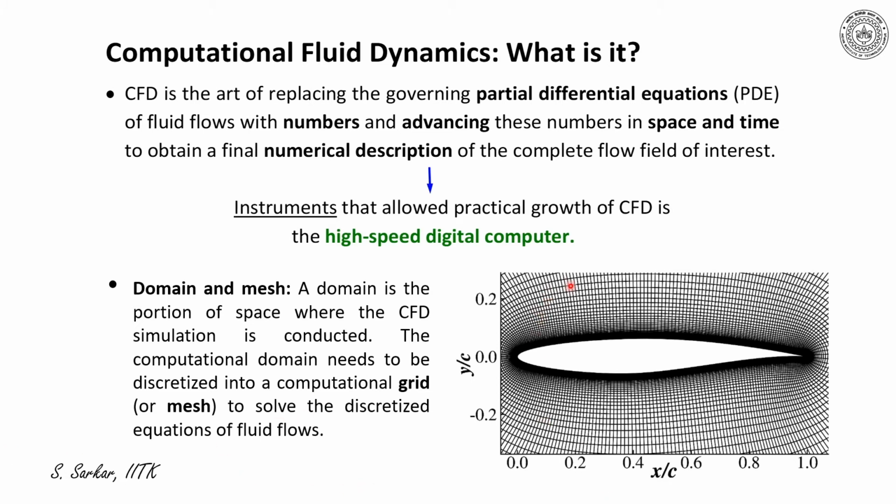Now, to give the numerical description of the flow field around an aerofoil, we'll have to first consider the domain and mesh. So what is domain and mesh? A domain is the portion of space around the body where the CFD simulation is conducted, and the computational domain needs to be discretized into a computational mesh or grid to solve the discretized equations of fluid flow.